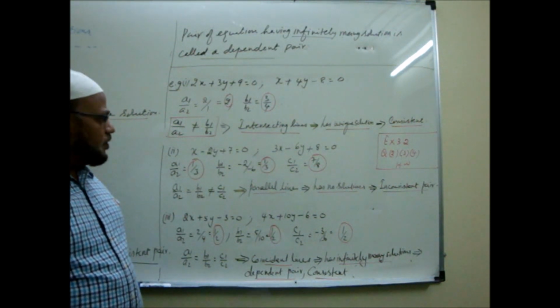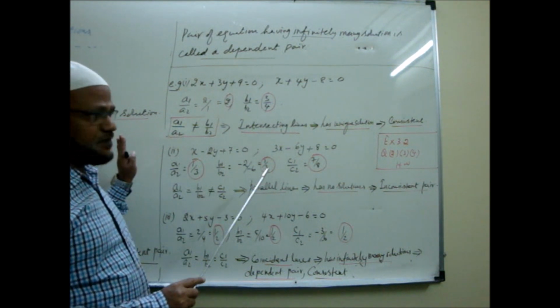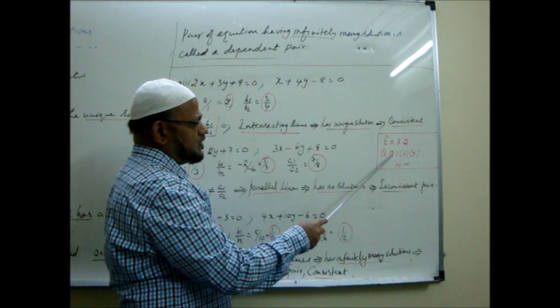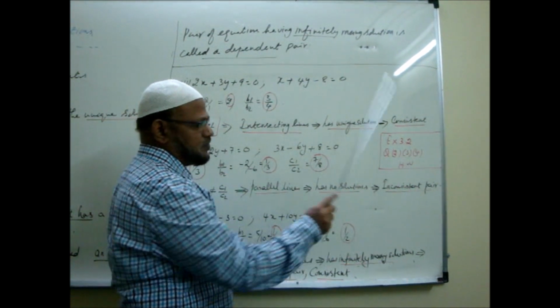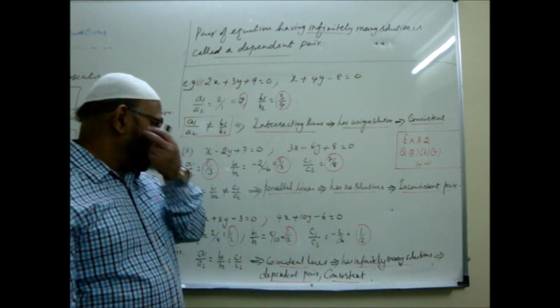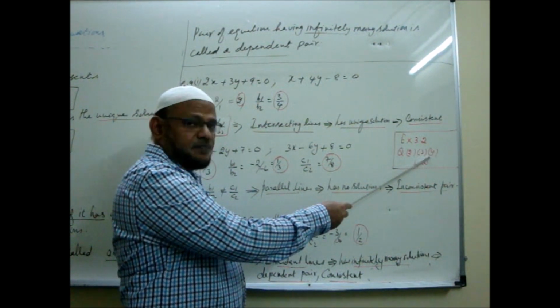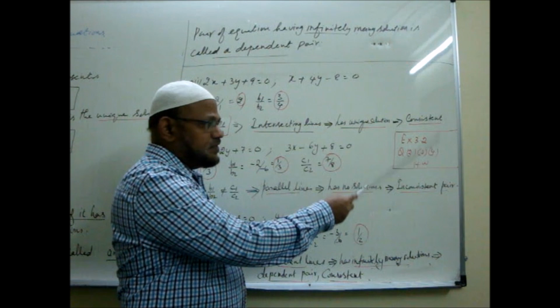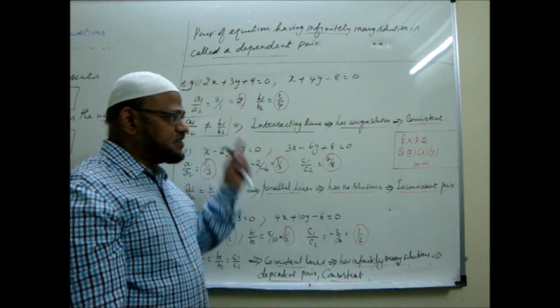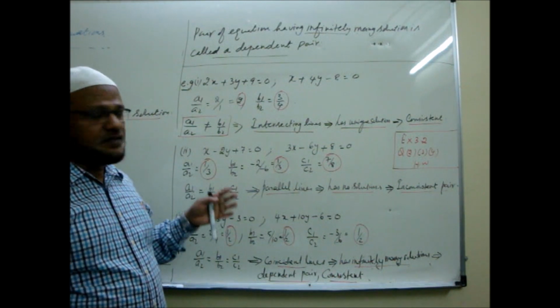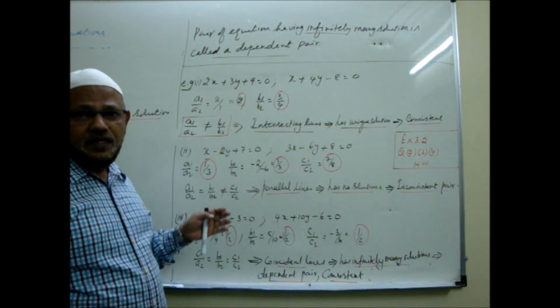Write the examples based on these concepts. You can do exercise 3.2, question number 2, question number 3, question number 4. All are talking about the same thing only. Question number 4 says that if it has a unique solution, then you draw the graph of it. The graph of it we have already seen. If you see the first question, you will note down that in exercise 3.1 we found the graphical solution.